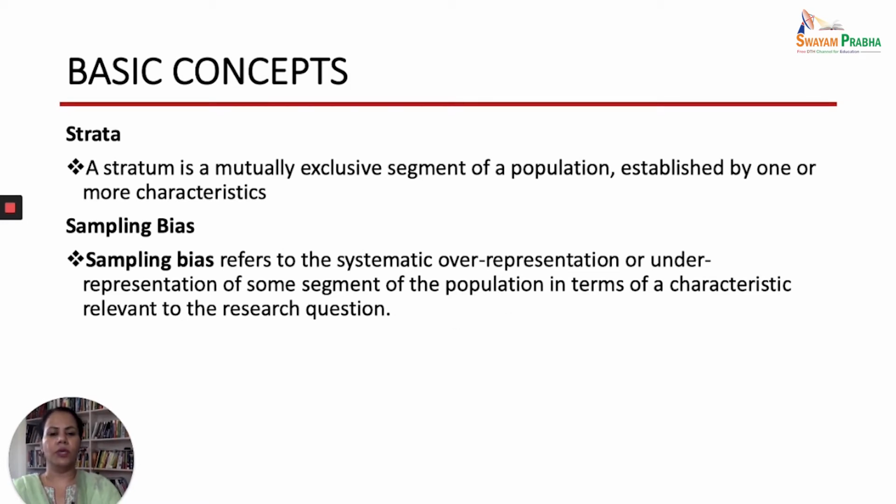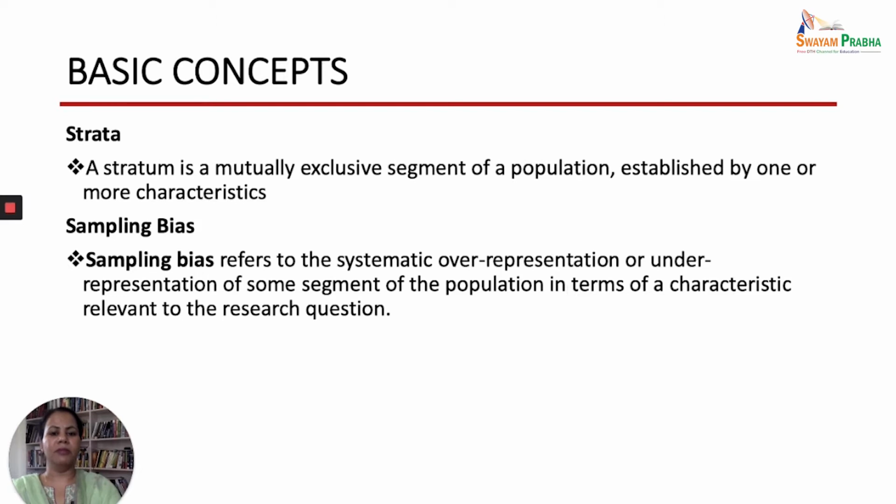And sometimes, knowingly or unknowingly, our sample may be over-representing some segments, or under-representing others. For example, if we are selecting male and female randomly, automatically sometimes the number of males may go up and females may go down. So it means we are under-representing the females in our sample, right? Then sampling bias may come.